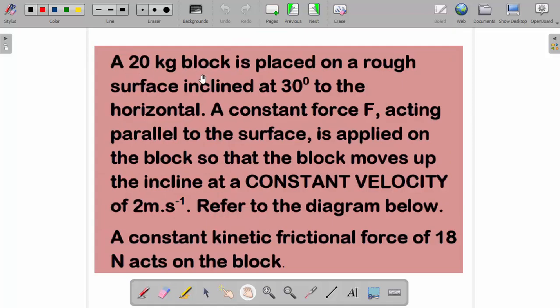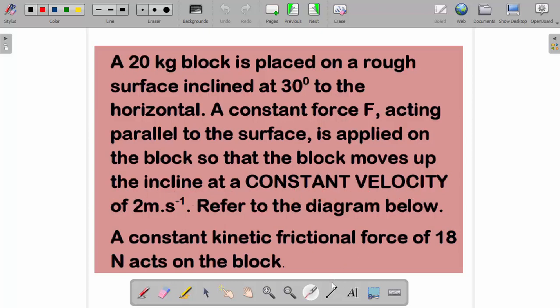They said that a 20 kilogram block is placed on a rough surface inclined at 30 degrees to the horizontal. Then a constant force F, acting parallel to the surface, is applied on the block so that the block moves up the incline at a constant velocity.